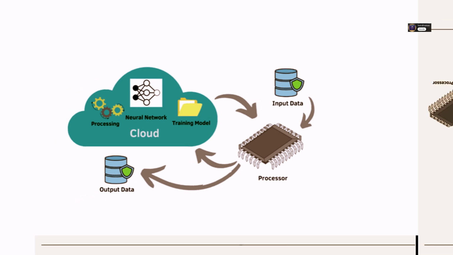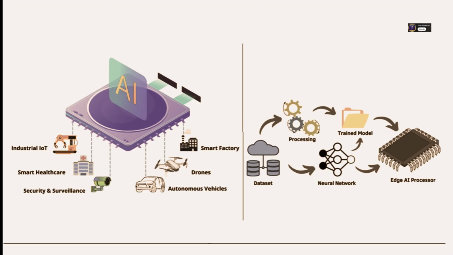Right. You also see edge gateways, maybe a slightly more powerful device like a Raspberry Pi or a Jetson Nano locally that can run a medium-sized model and coordinate with simpler sensors. And what are the use cases on the edge?